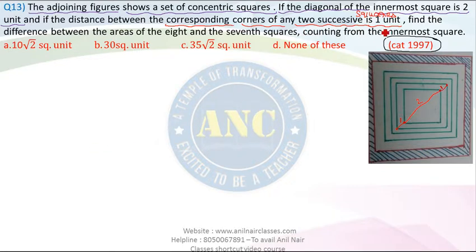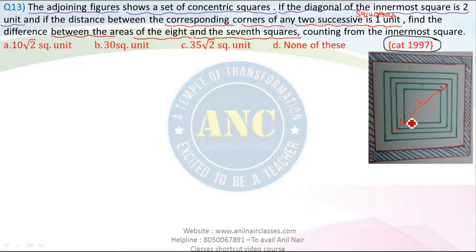Now your question is, find the difference between the areas of the 8th and 7th squares, counting from the innermost square. Now think logically, sir.